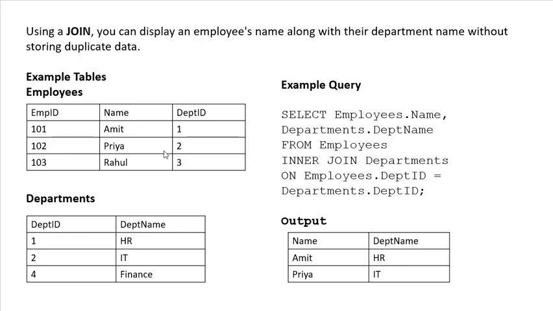Second is Priya, whose department ID is 2, which in the department table is IT. Third is Rahul, whose department ID is 3, but the department table has no department ID 3 and department name, so this data is not printed.